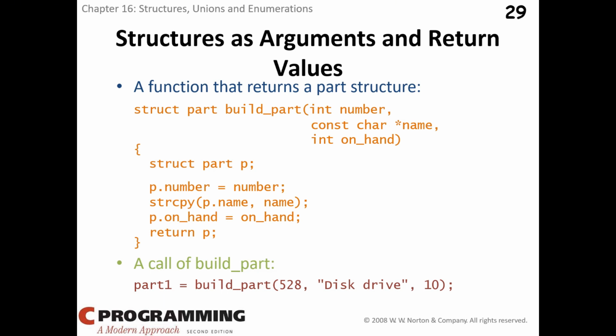In this function, build_part, it takes 3 arguments, which are an integer number, a string name, and an integer on_hand. Then it creates a structure p of type struct part and assigns values to its members, which are number, name, and on_hand, and returns the structure.